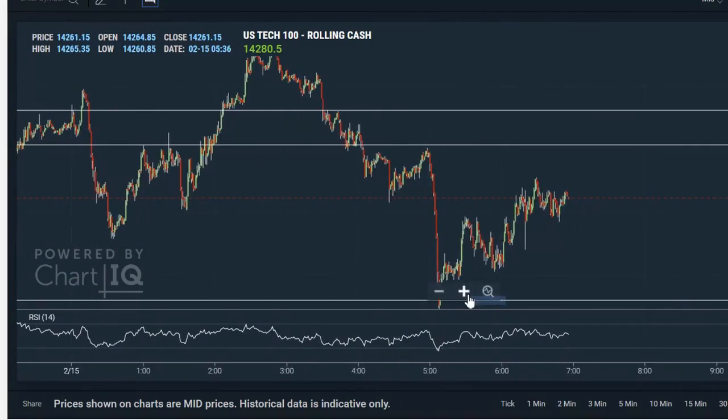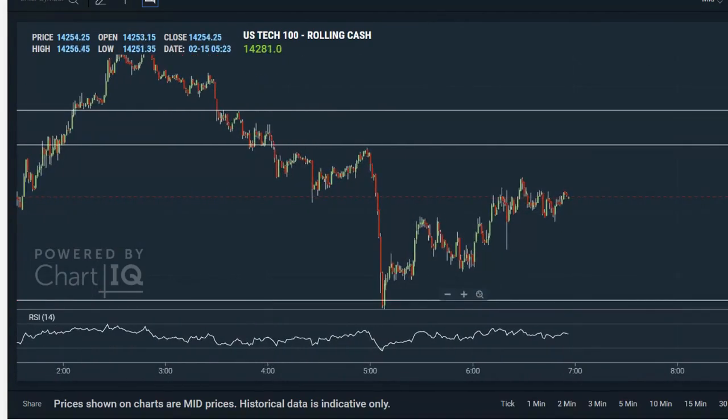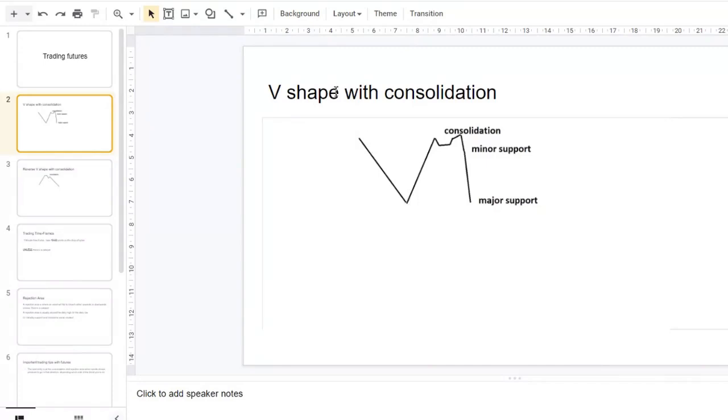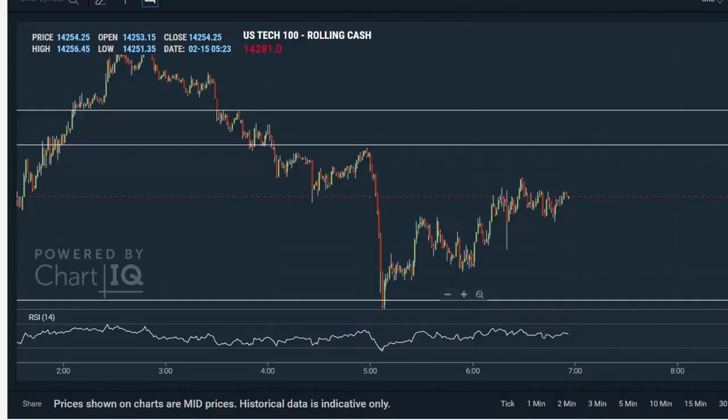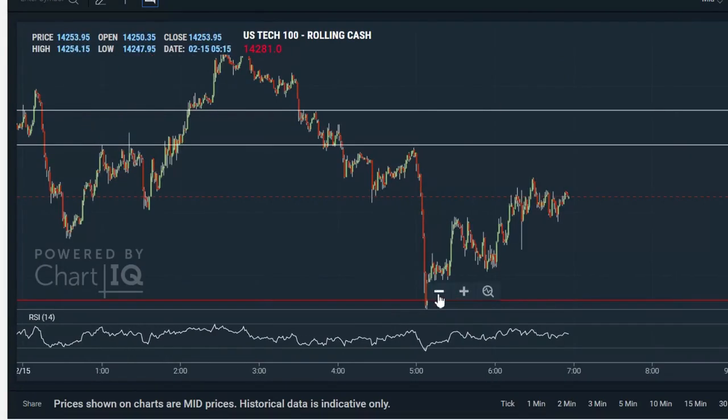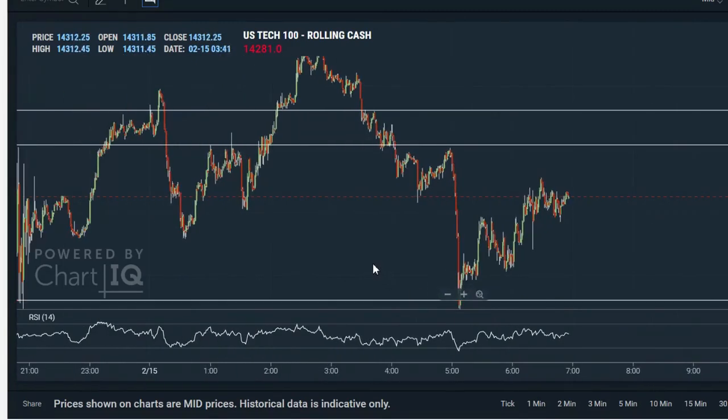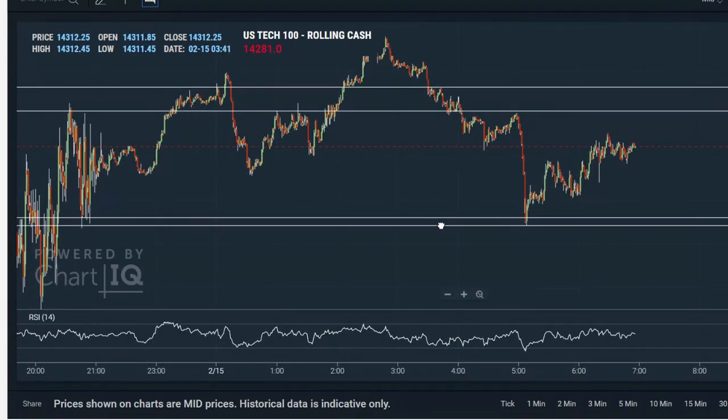Now that's going to be important because what we want to know with this pattern is if this is a V shape with consolidation, which is a pattern you're going to have not just on a major level. This is a 1 minute time frame, which means on a 1 minute time frame we use the support on the 1 minute as well, which is here, like I showed you.